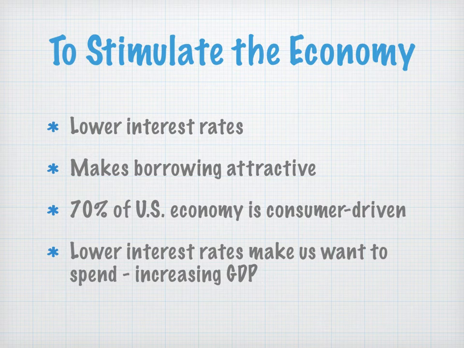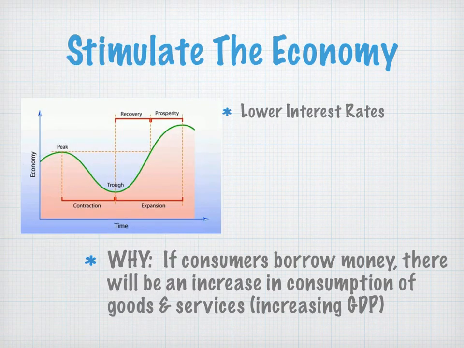We borrow money in order to buy things. When we say we want to buy these new cars, the manufacturers will start producing cars. That puts people to work, that lowers your unemployment, people are paying taxes, GDP is on the rise because we're producing goods and services.